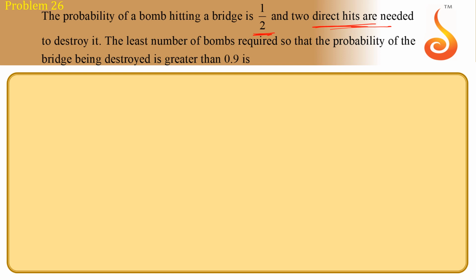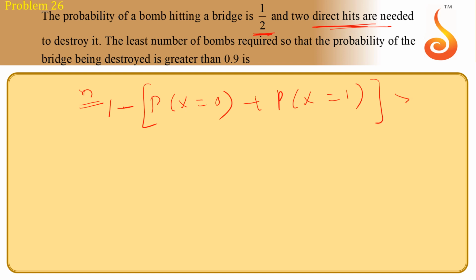Suppose I am using n bombs, what is the probability the bridge won't be destroyed? So can I say no bomb is hitting, that is probability of x equal to 0, probability of x equal to 1. This is the probability that the bridge won't get destroyed, because minimum 2 bombs we need. 1 minus this, probability of x equal to 0 plus probability of x equal to 1, should be greater than 0.9.